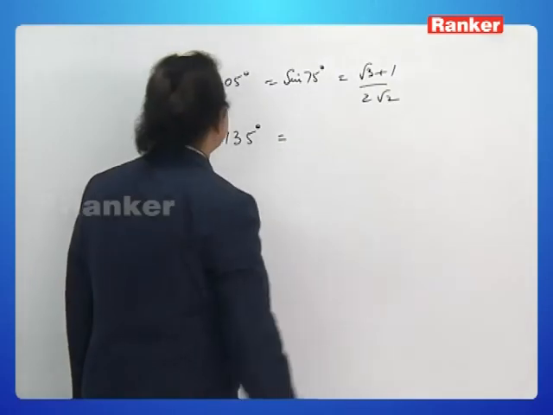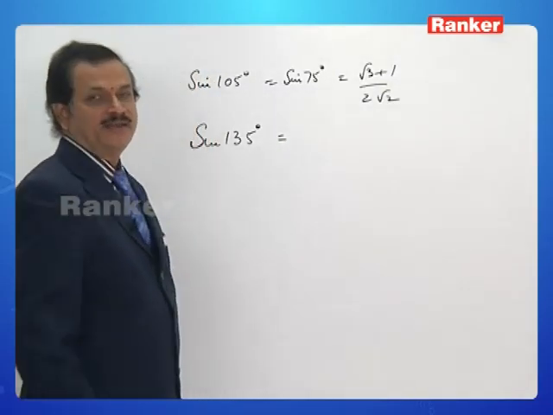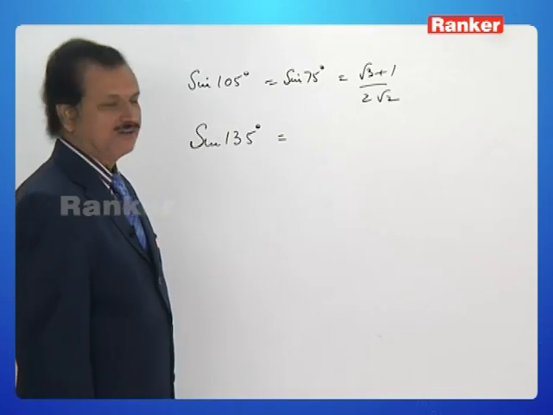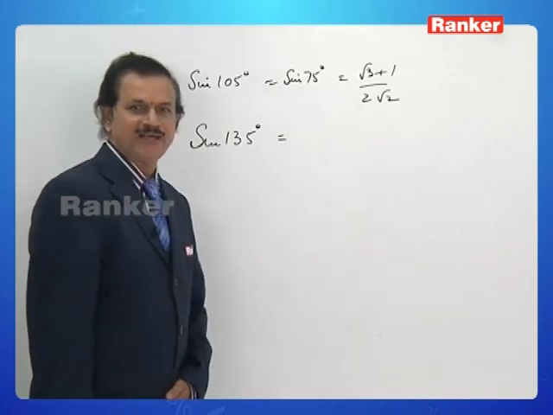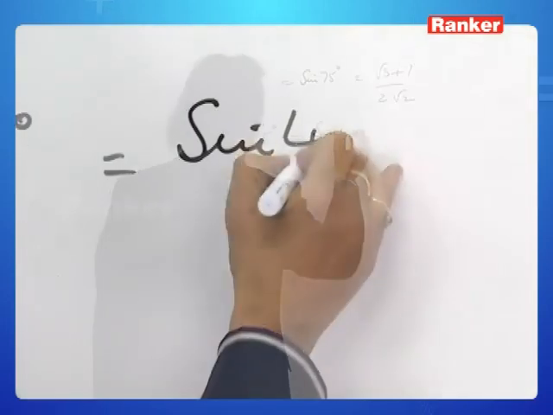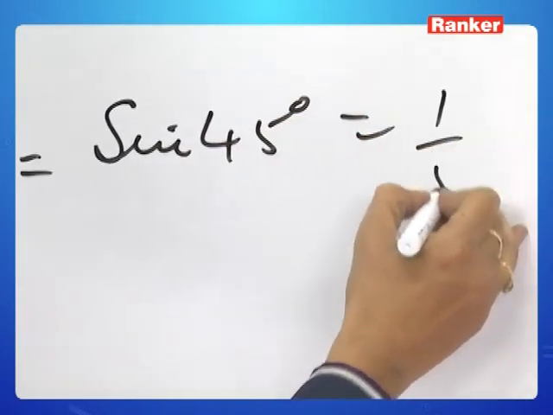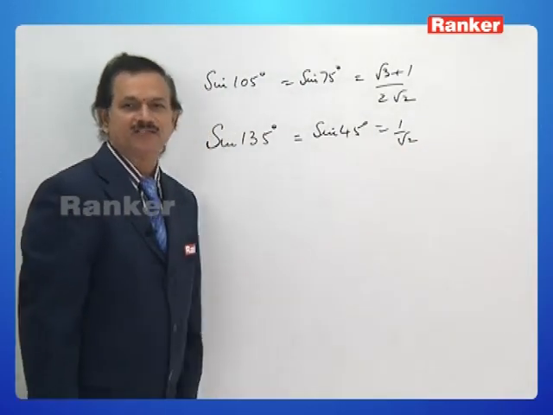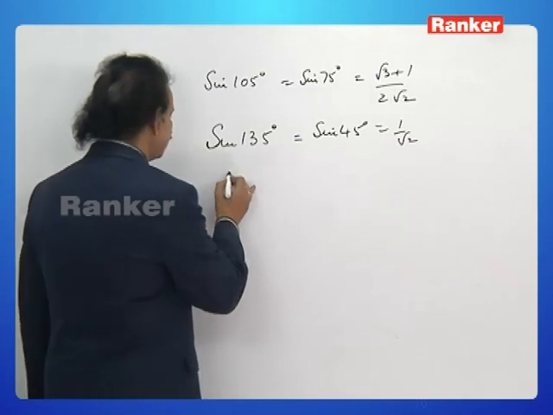What is sine 135? It is nothing but sine 45. 135 plus 45 is 180. Hence it is sine 45, hence it is 1 by root 2. Sine 150 is nothing but sine 30. It is half.